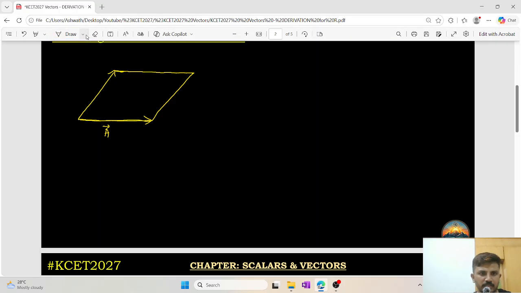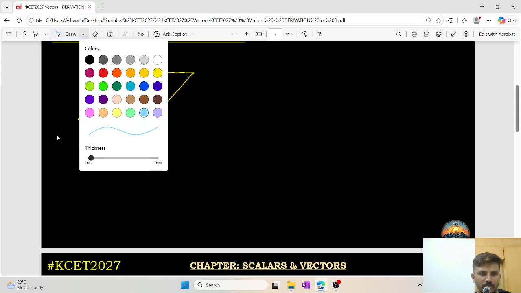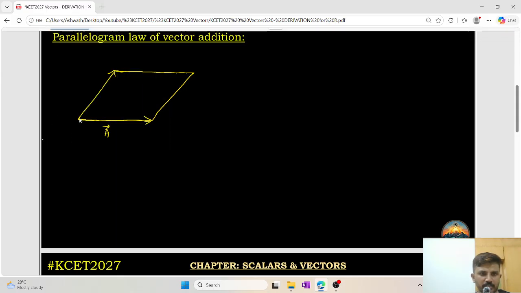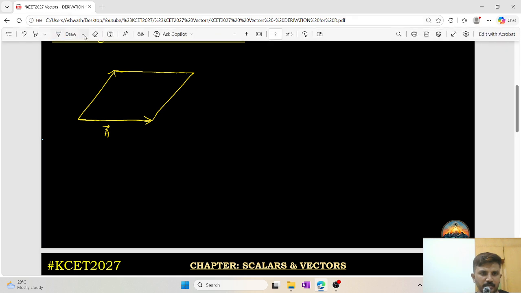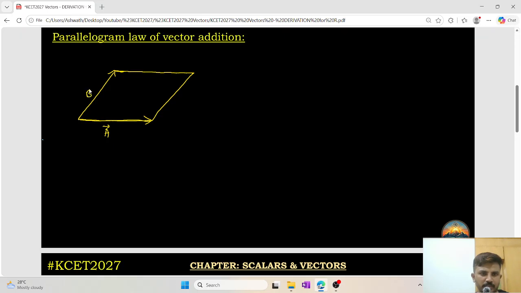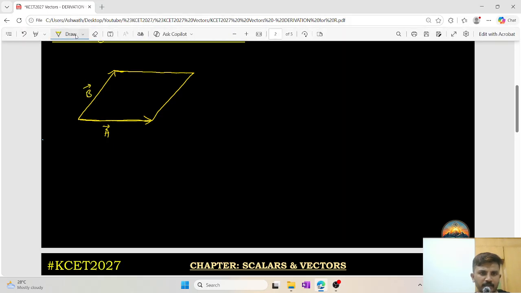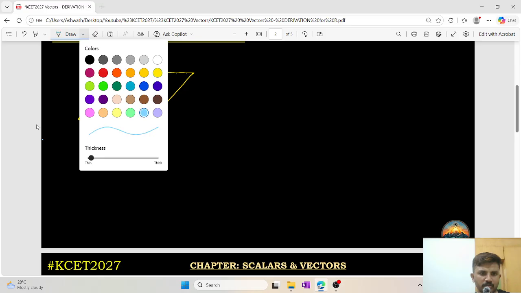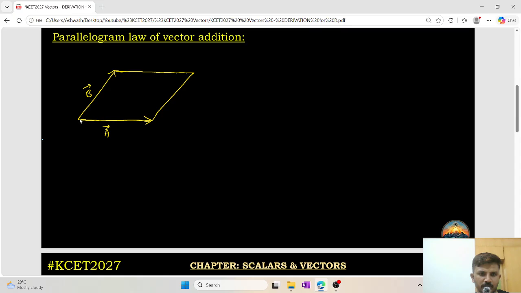So now we draw the diagonal from the tails of vectors A and B. Let me write this is B. Where is vector B? This is vector B. Now the diagonal of this parallelogram comes here in this direction, all the way to this side. I will just draw a line joining these dotted lines.